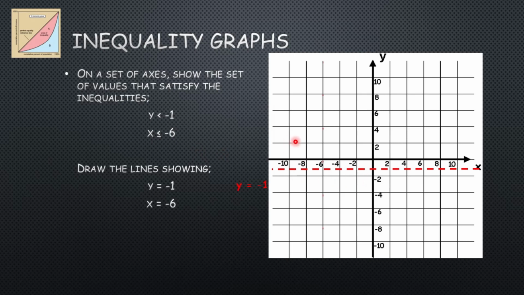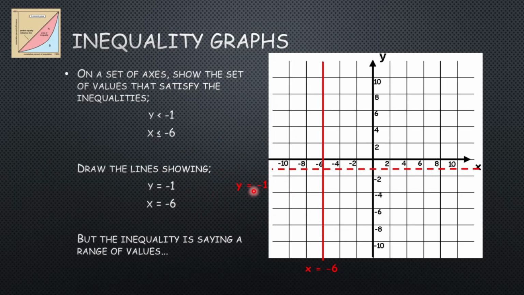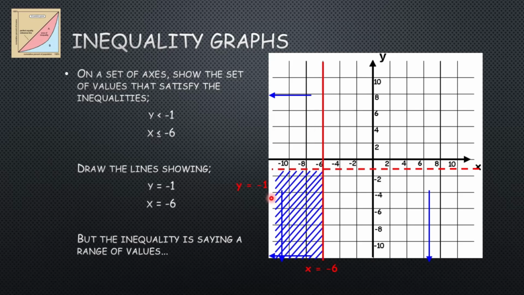Then we draw x equals -6, and this is a solid line because there is an equality sign. For the shaded region, y is less than -1, so the region is below. Then x is less than, so the region is on the left side. The shaded region is the region common to both lines.